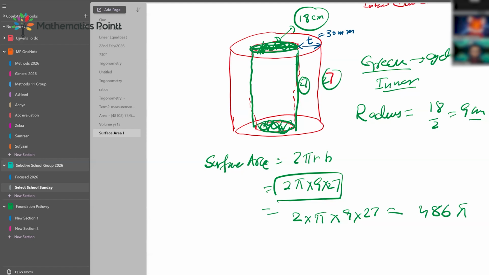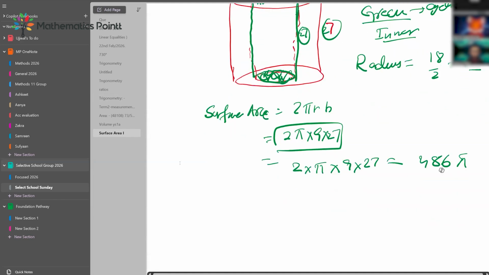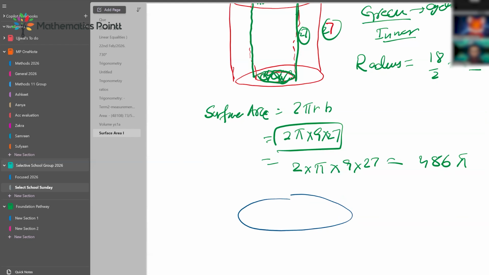And let's quickly check the outer. I'll change the color of my pen. If I just draw the cross section, this was 9. And you're given this thickness to be another 30 mm, which is another 3 centimeters. So this big radius is 9 plus 3, 12 centimeters.